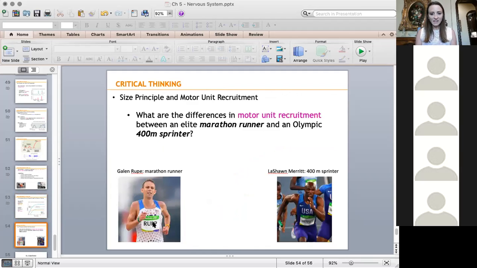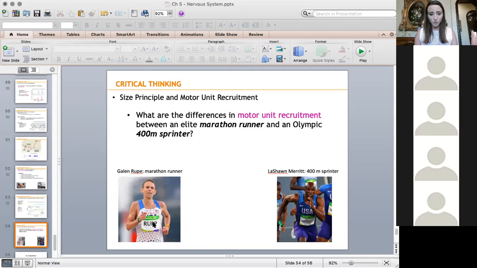And then last, we talked about the difference in motor unit recruitment between a marathon runner and a sprinter, and how these two individuals may see different recruitment patterns or recruitment activation during their event. You also probably wrote about this a little bit in the critical thinking part of your assignment, when I said use an example to explain the size principle.